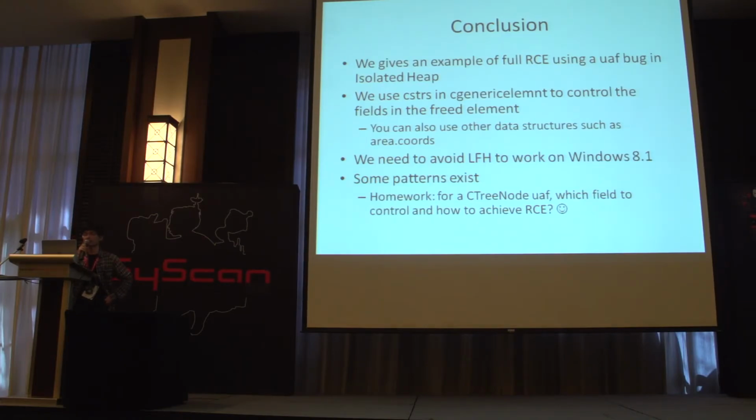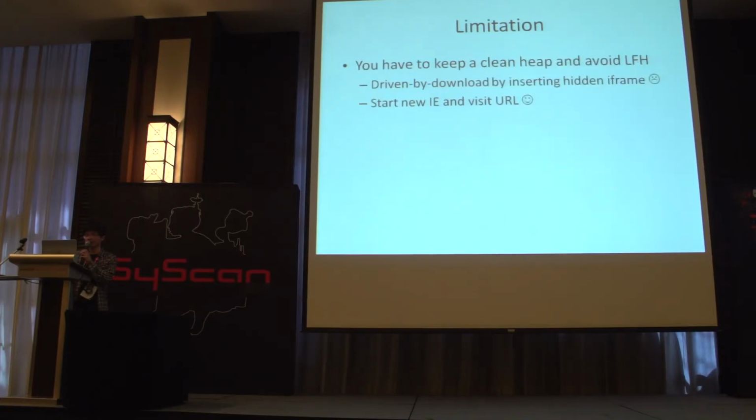And in order to let this approach work, we need to avoid LFH on Windows 8.1. And finally, there exist some patterns for different objects' UAF. For example, for a tree node UAF, which field to control and which object we can use to control. Yeah, you can think about it after the talk.